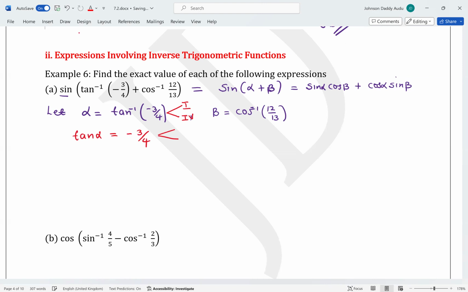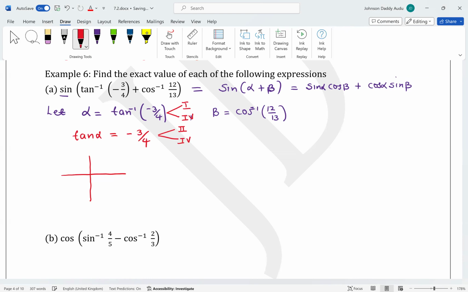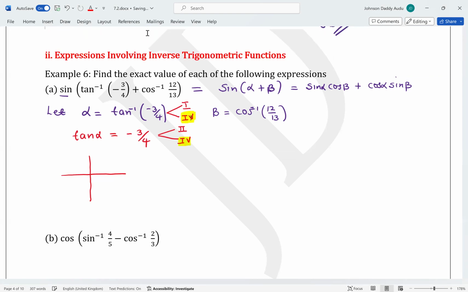Tan can only be negative in the second or in the fourth quadrant, yes? So this tells us that alpha has to be in the fourth quadrant, because that is what is common, right? Look at it, the fourth quadrant.